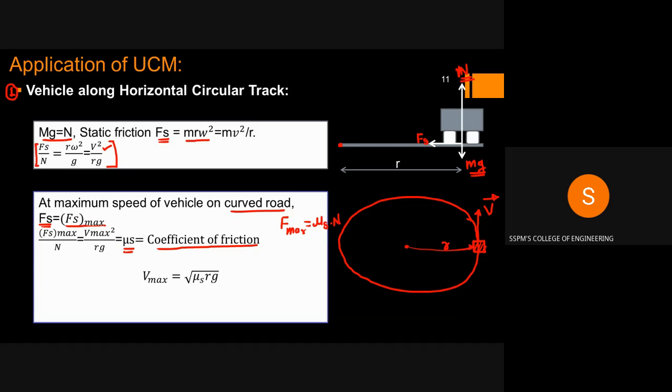And from this equation, you will get the equation for maximum velocity on the circular track, which is equal to square root of mu s into rg. Okay, so by using this relation, we can find out the maximum speed of the vehicle on the horizontal circular track. So you need to remember this equation. There can be a question on this equation to calculate the maximum speed of the vehicle on the horizontal circular track.